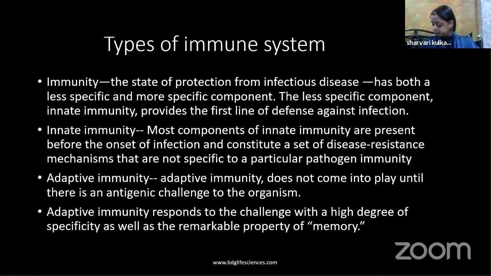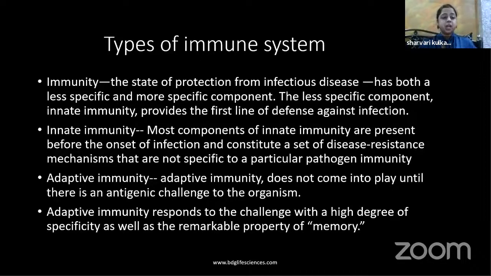Now, there are types of immunity. First, let us see what the types of immunity are. Immunity is basically the state of protection from infectious disease. That has to deal with two types: innate and adaptive. Innate is less specific and adaptive is more specific.